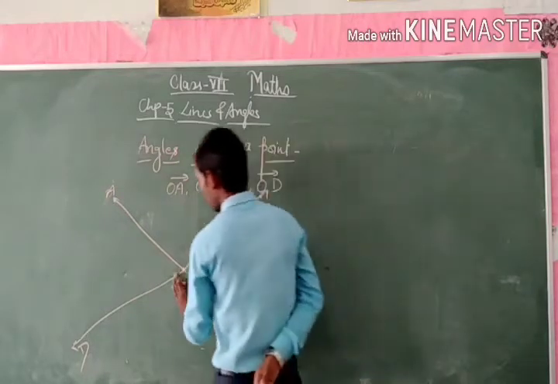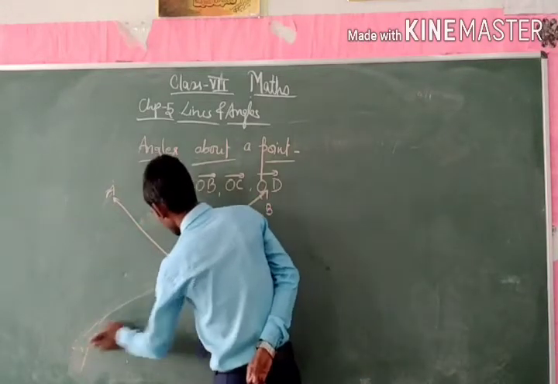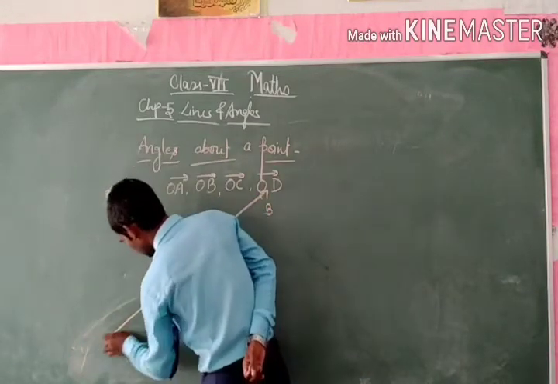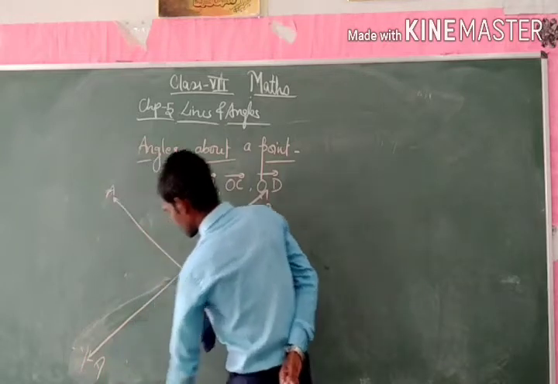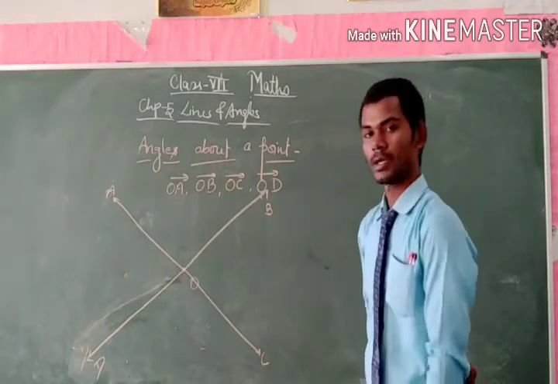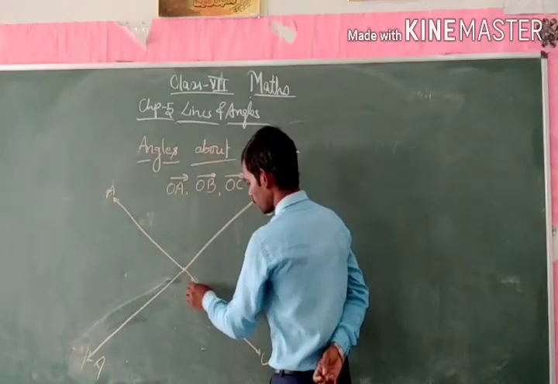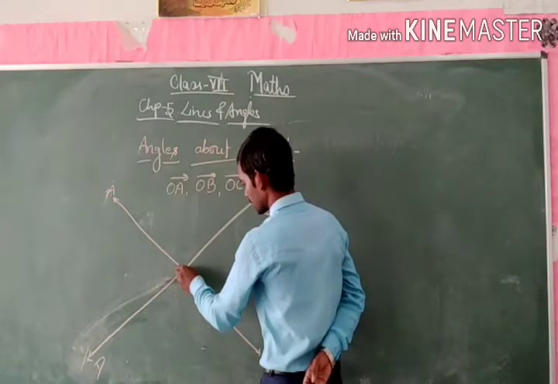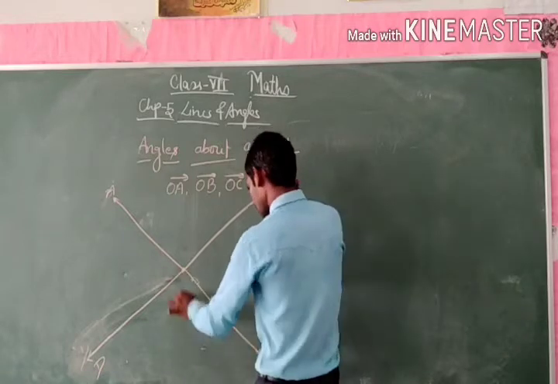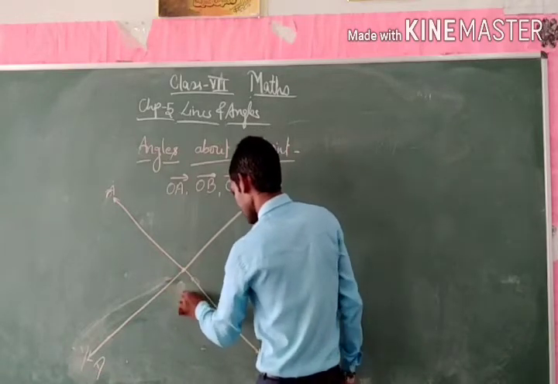Here we have four rays OA, OB, OC and OD. There are four rays, and here angles are formed at the point of intersection, that is the vertex O.